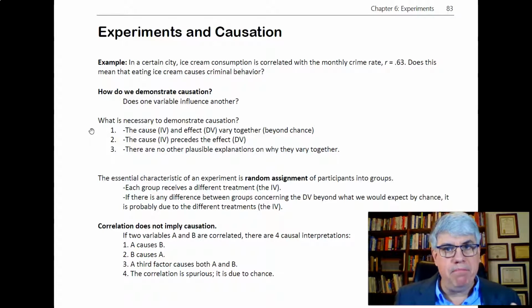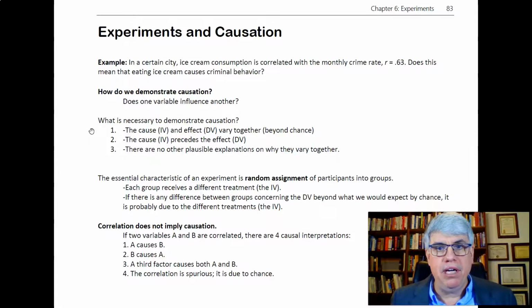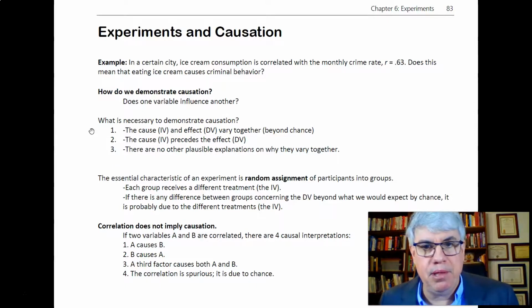Now, if A and B occur simultaneously, we don't know which one's causing which, or maybe they cause each other. This happens a lot in organizations. Let's suppose we have organizational commitment and quality of relationship with the boss.